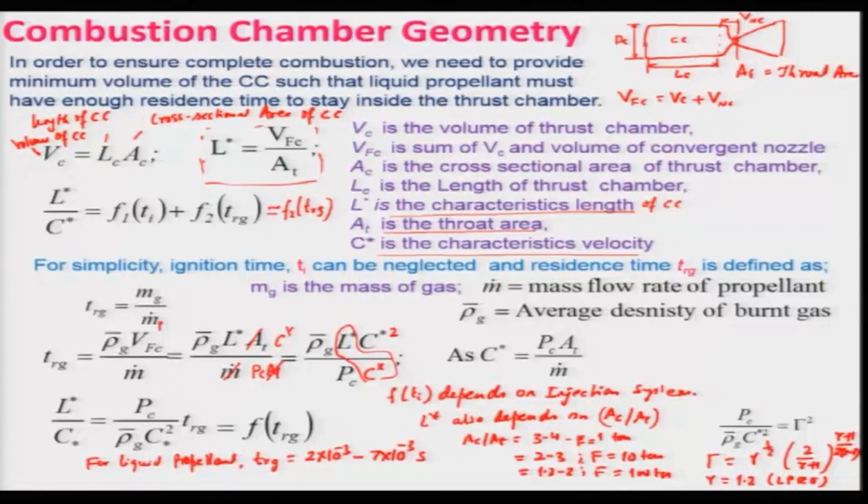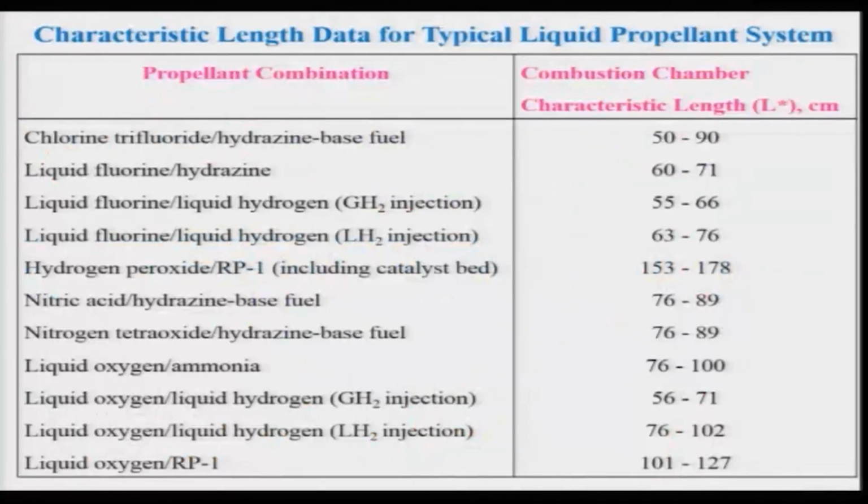Generally these are the data used by American designers, AC by AT in the range of 1.2 to 4, but the German designers use somewhat higher values because they want to make compact engines. Because AC will be very high and AT small, they can get a higher thrust.